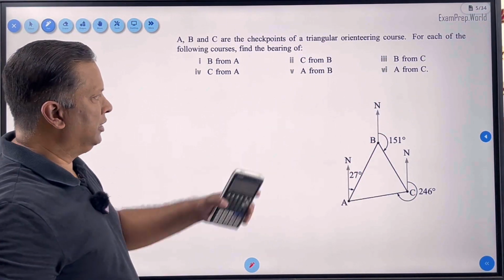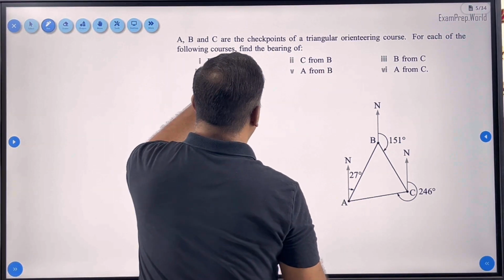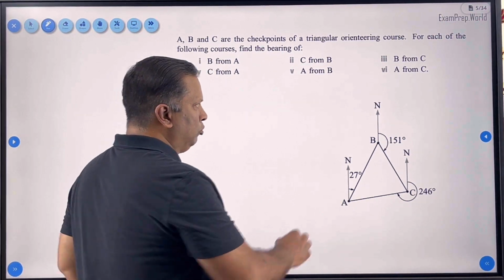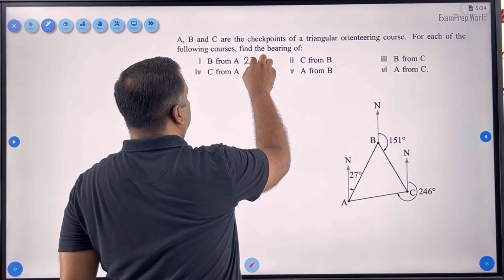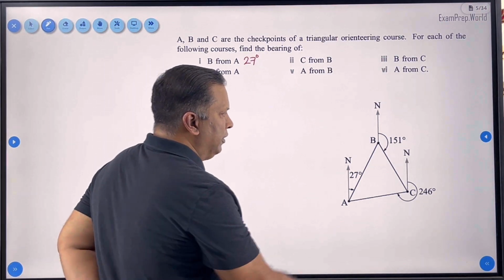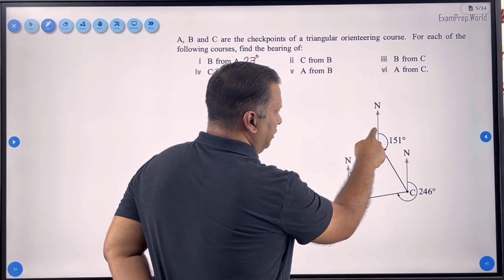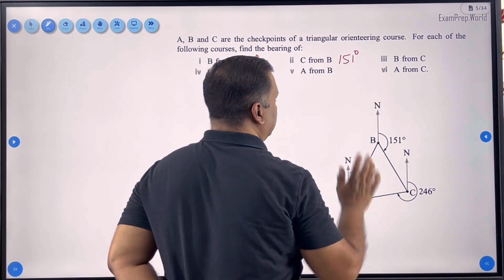Now let's see this diagram, an interesting one. B from A. If you have to go to B from A, you are going at how many degrees? 27. So the answer is straight away 27 degrees. Okay. C from B. If you have to go to C from B, you have to go at 151 degrees. Okay, this one.